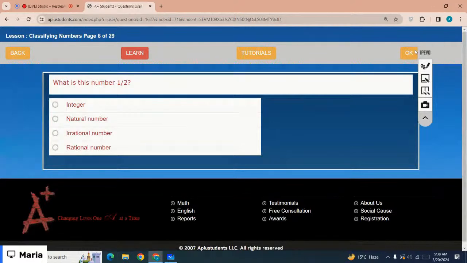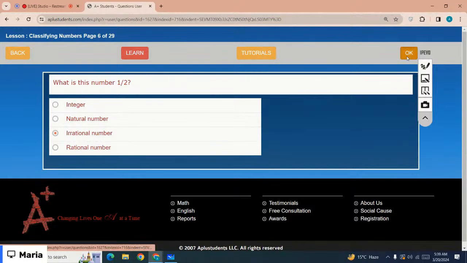What is the number 1 by 2? Which is the correct option? 1 by 2 is a rational number, but I think irrational it is.